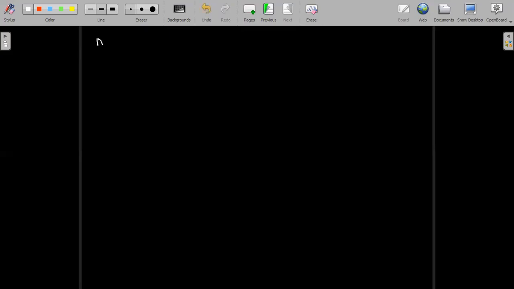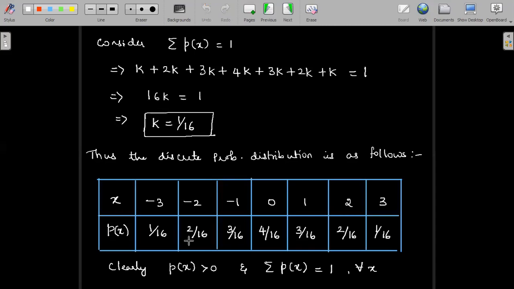Firstly, mean mu. Mean mu is equal to summation x into p of x. Xi into p of xi over the summation i, or x into p of x, all are one and the same. So we observe that I have 1 by 16 common in each one of the products. I can write down this 1 by 16 common outside, looking at the table here.